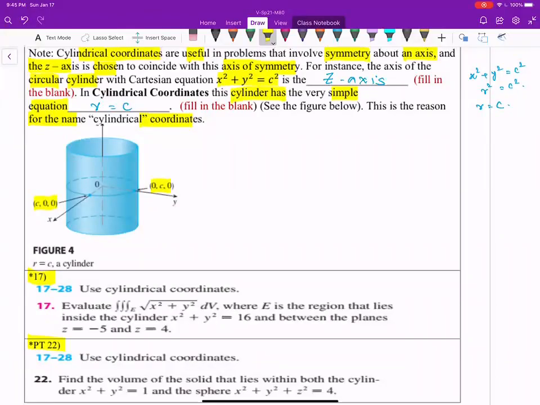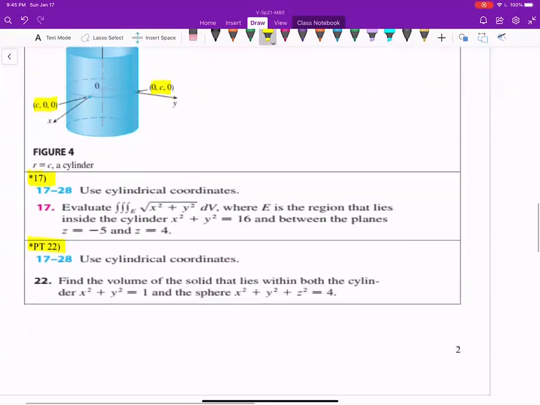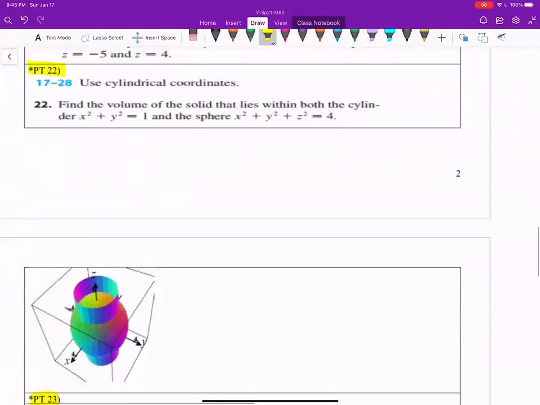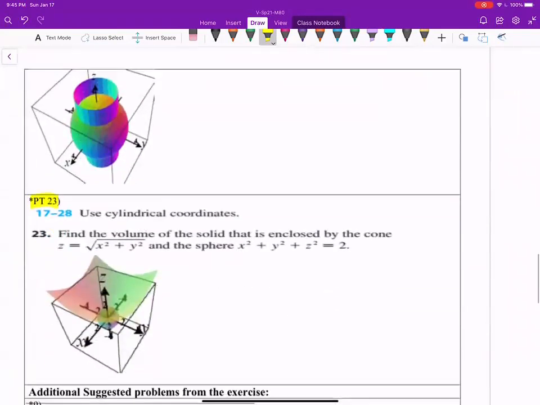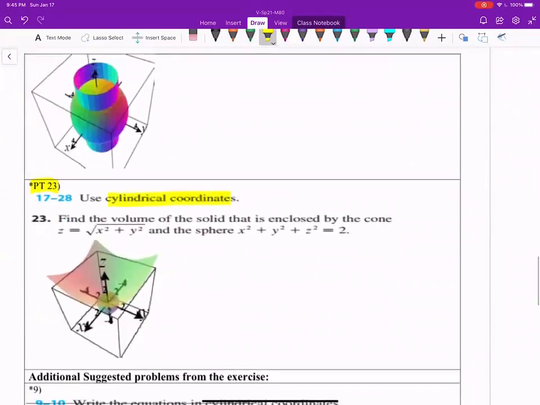There are some problems that are done in the videos for the section. Please refer to them in the section videos: problem number 17, problem number 22, and problem number 23. All these are done using cylindrical coordinates.